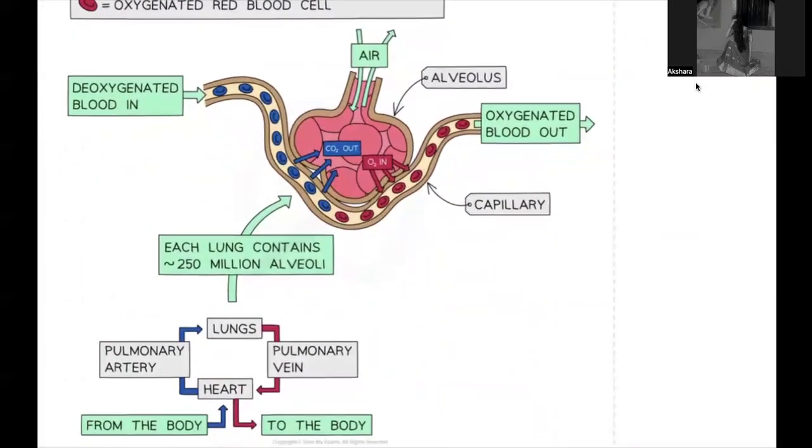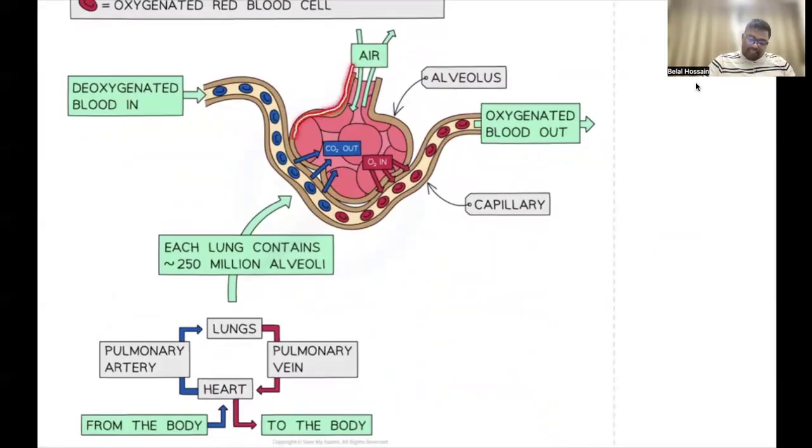Okay, moving on. Here, see, this is a single small unit of the lungs known as what? Alveolus. By the way, remember in biology, plurals are a little bit tricky. This is singular, okay? The plural for alveolus is alveoli.